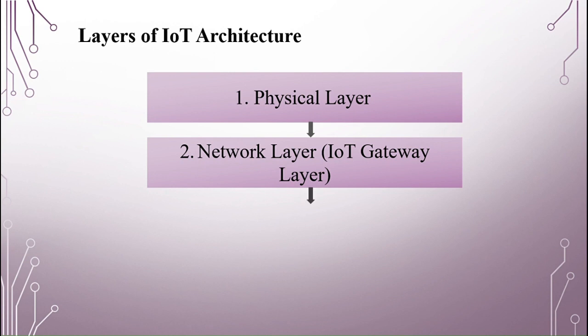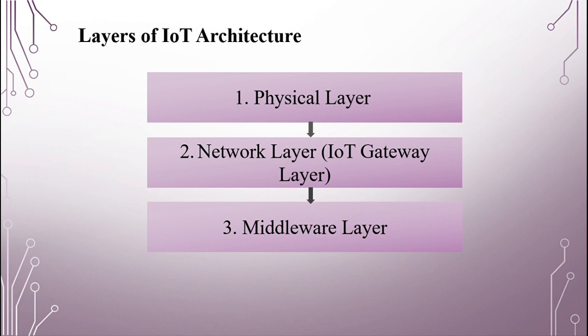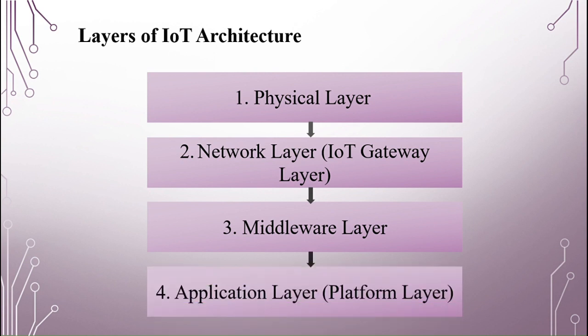The next layer is the middleware layer. The middleware layer provides communication between the devices and the application layer. So the device and the application layer, this middleware layer provides communication between the two. The next layer is the application layer, which is also called the platform layer.